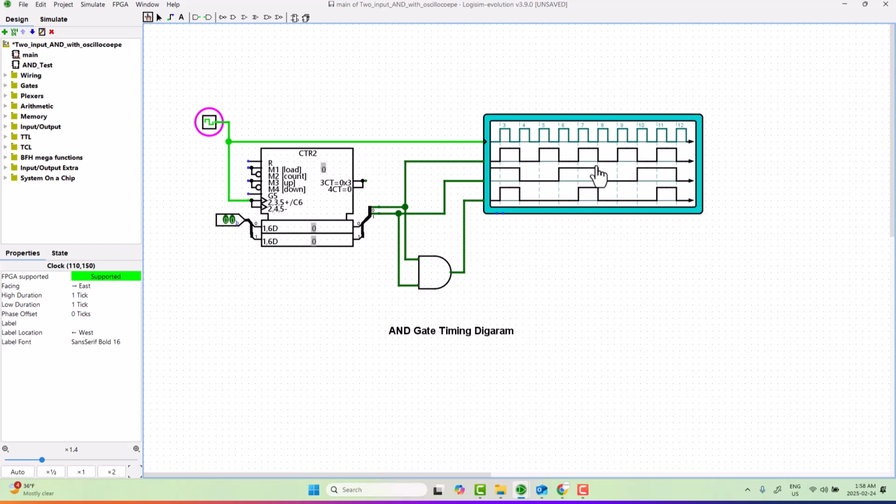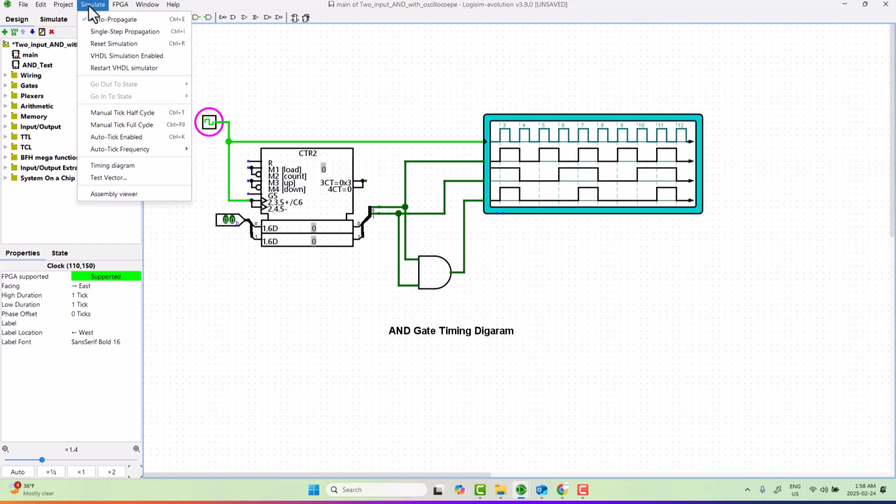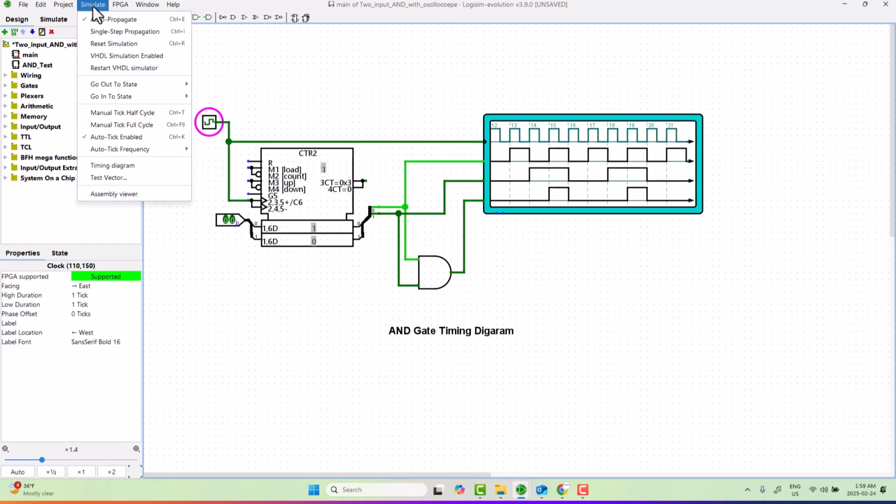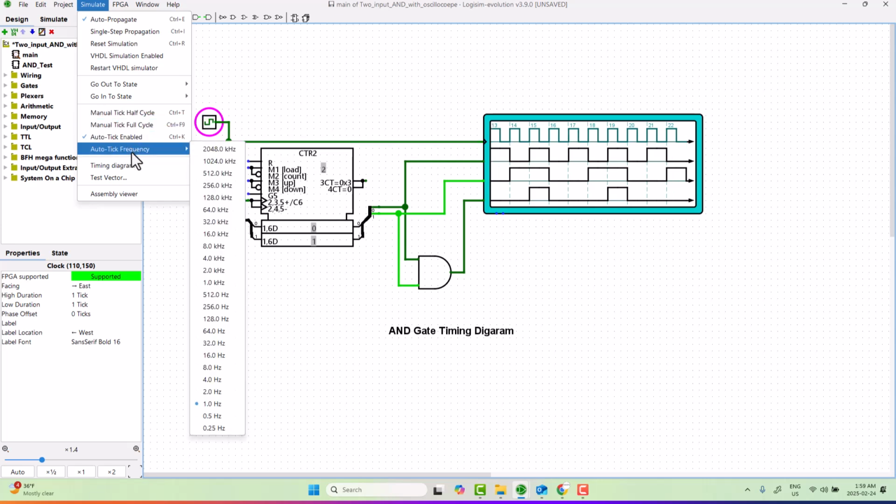So this is the behavior stepwise, but I can do better than that. I can run it and see it moving like it happens in real life. So I'm going to go to simulate, and I'm going to go to auto tick enabled, and I click it, and you can see it here really working as if it is in a real life situation. Of course I made it slow here so we can observe the result, but you can go ahead and change the frequency.